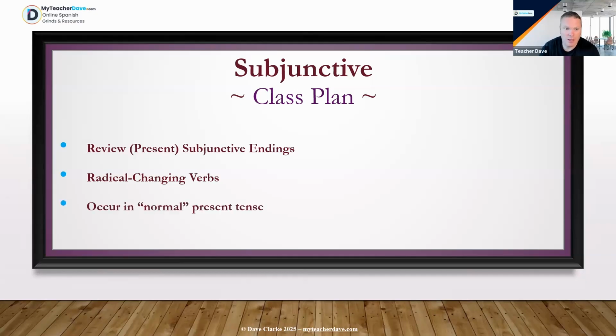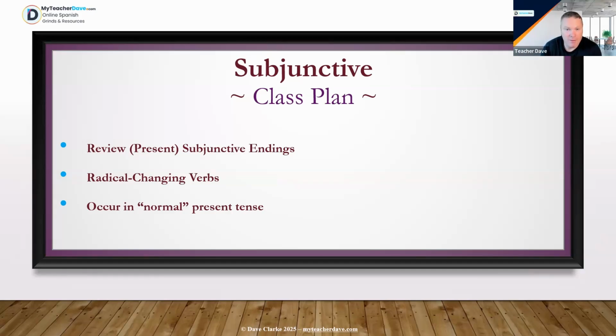Just to remind you that the changes that you see in the subjunctive don't just fall from the sky. They're actually very systematic. They occur in the normal present tense, and they're, if you like, copy and pasted across to a degree in the subjunctive.